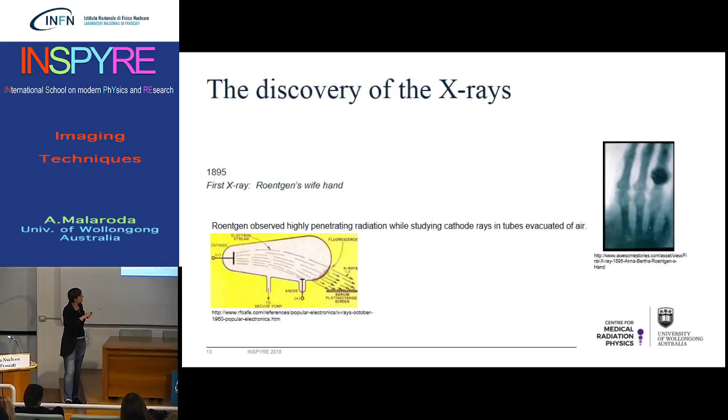This was fluorescing, but then something was coming out. And if he had a screen, that screen was reacting to whatever was coming out from this part of the instrument. He didn't know what they were. He called them X-rays. No, I don't know what they are, I'm calling them X.